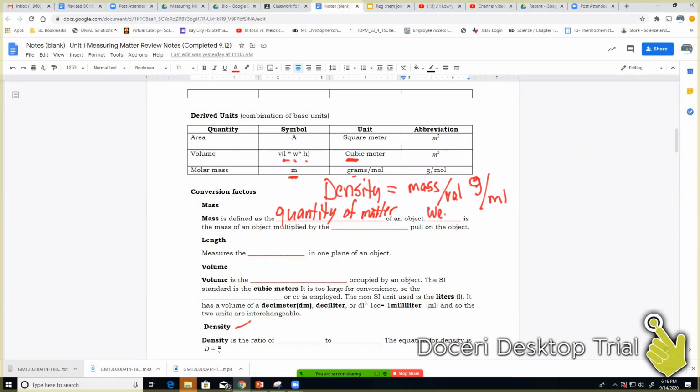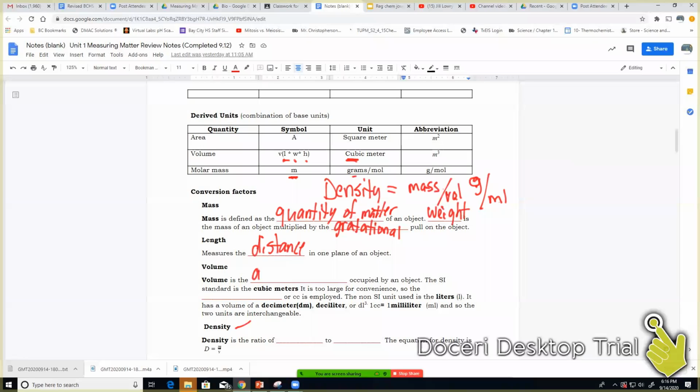Weight, on the other hand, is the mass of an object multiplied by the gravitational pull. So your mass would be the same here and on the moon, but your weight is more here than it would be on the moon because we have more gravity here. Length measures the distance in one plane of an object.